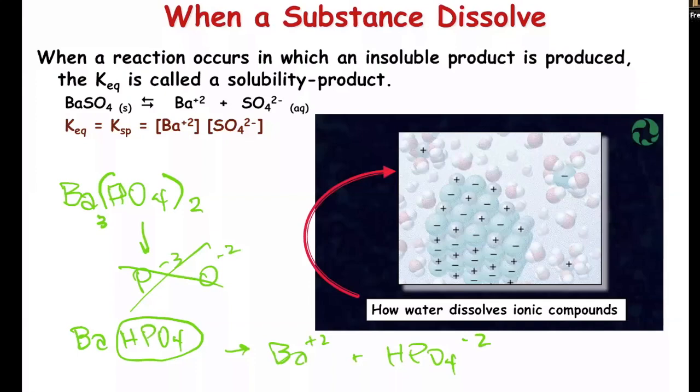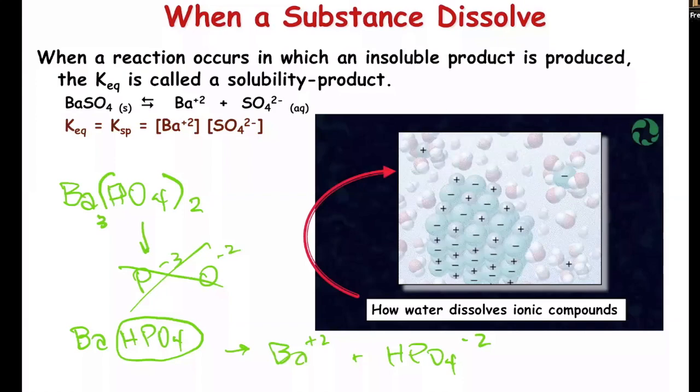So please review polyatomic ions and ionic substances if you're a little confused on this, because this is part of the Chemistry 200 that you have to bring in order to understand some of the topics that we are discussing here. Okay, make sure. So let me go ahead with this example.